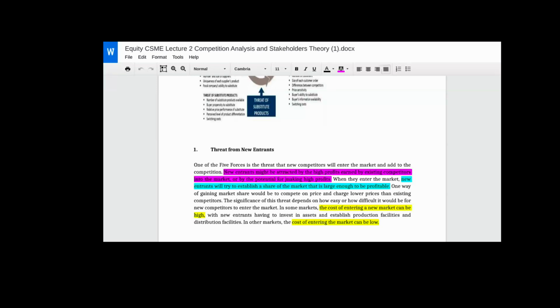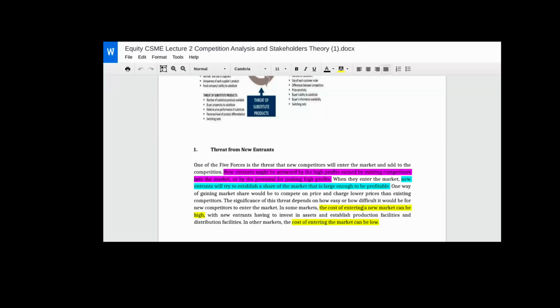So Porter said the new entrants and the existing competitors are poisonous to our business. As a result, we have to ensure that we place a high entry barrier to either prevent them or limit the number of new entrants that will emerge in the market.